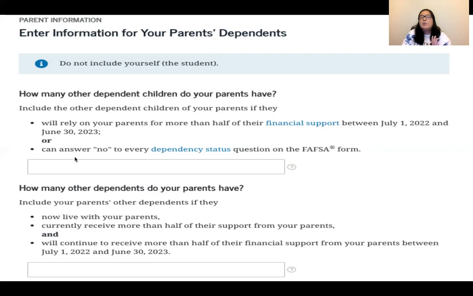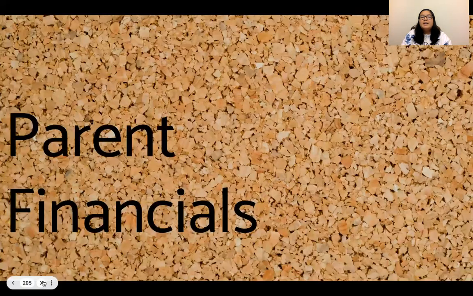So it says they will rely on your parents for more than half of their financial support between July 1st, 2022 to June 30. So also feel free to reach out to me with any questions if this section seems a little bit tricky. And then we move on to the section of parent financials.